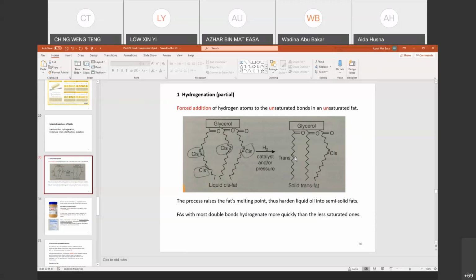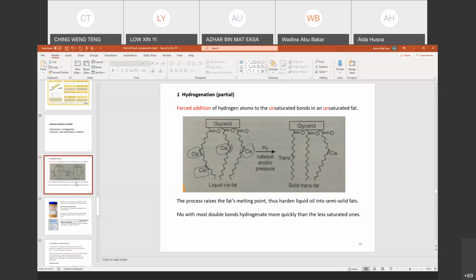Fatty acids with the most double bonds hydrogenate more quickly than the less saturated ones, so it is also more stable. Industry loves this. You want your fat to be stable. When you use it for frying, you want it to be more stable, so people will buy your products.